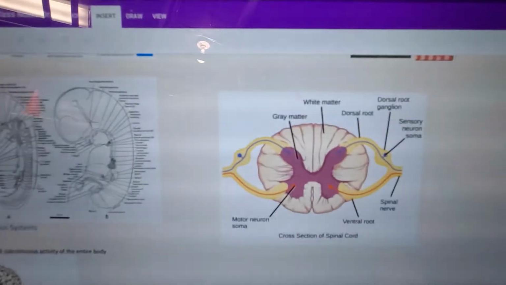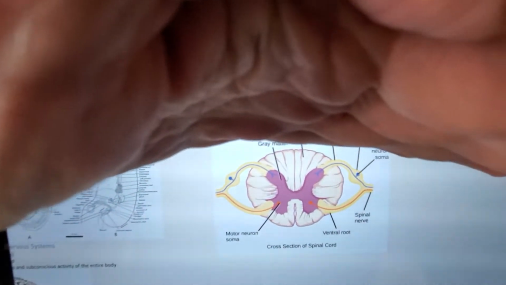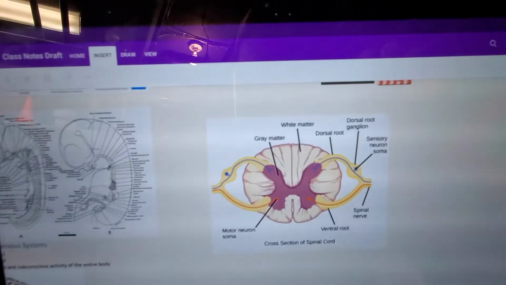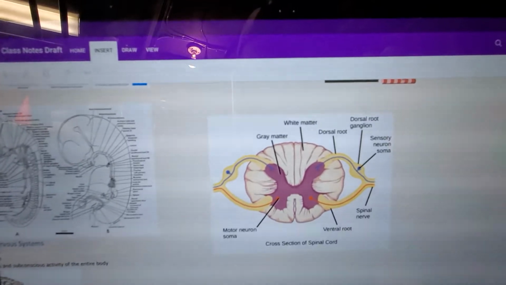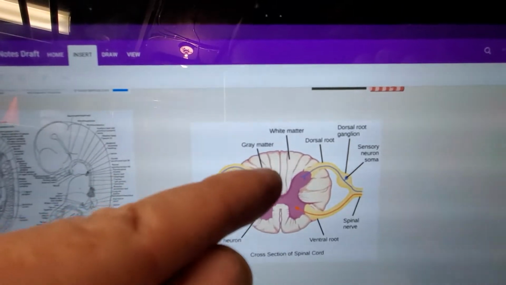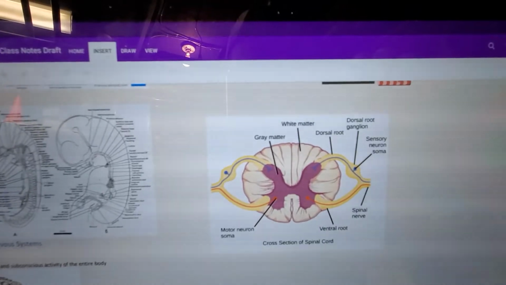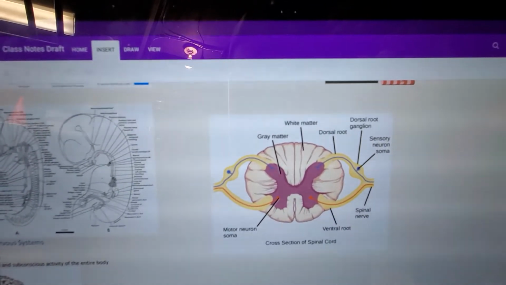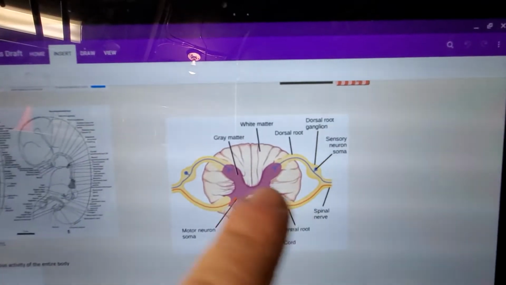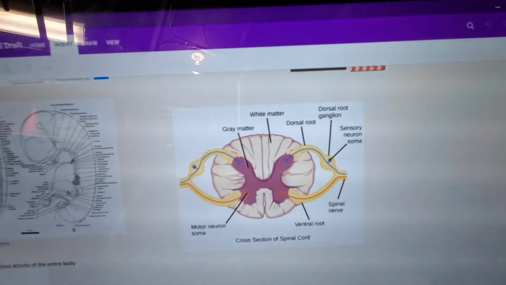And so inputs are coming in the dorsal side, so that's your back. Inputs come in from the peripheral nervous system, so I sense hot, or I sense touch, or wet, or whatever. And then outputs go out this way. These are outputs, and then they go up the spinal cord, and then outputs go down this way and move the muscle, move you away from the hot, or move you towards the touch, or whatever it is. That's essentially the thing. Inputs this way, outputs that way. They go up and they go down.